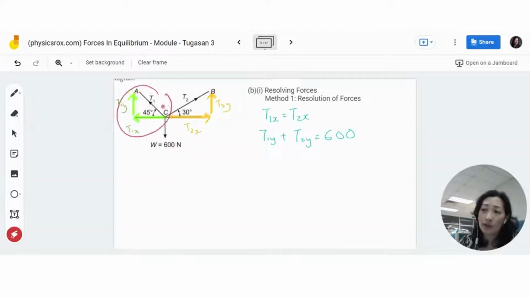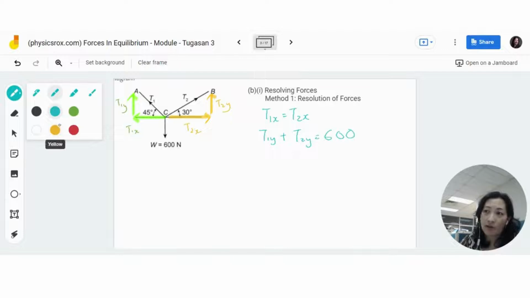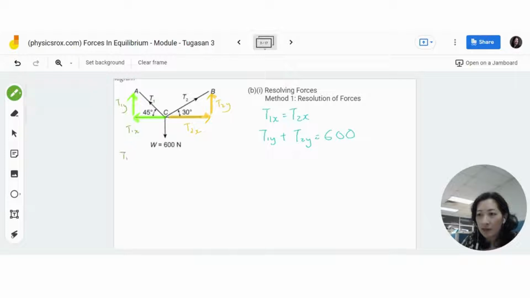So you can see from this triangle, the angle is here because T1x is adjacent. Let's work it out for the benefit of those who need to see it. T1x over T1 is adjacent over hypotenuse. That gives us cos 45, which means that T1x is T1 cos 45.